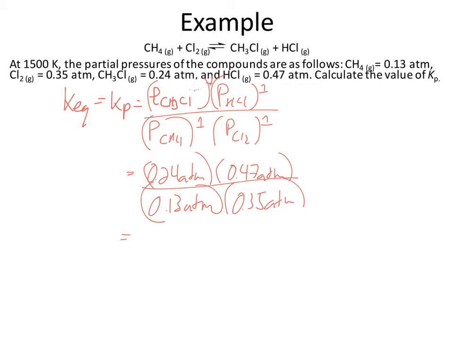All right, so after we get all this, our Kp is going to be 24.79. Okay, so we have two significant figures, so we'll just call that 25. So again, our K equilibrium is going to be pretty huge. This reaction is really going to go to our right and favor our products.